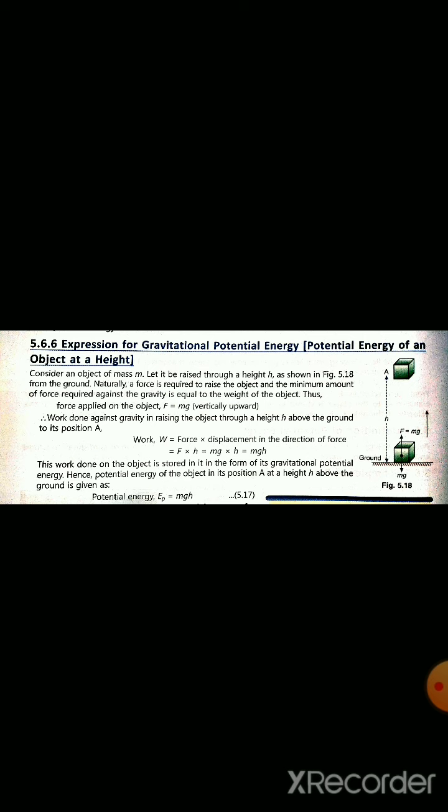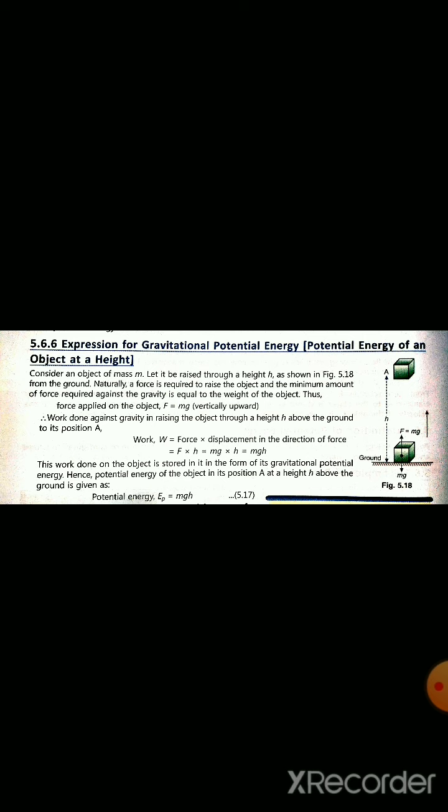A force is required to raise the object, and the minimum force required against gravity is equal to the weight of the object. So force is equal to mg. Here we take g because it is the acceleration due to gravity.